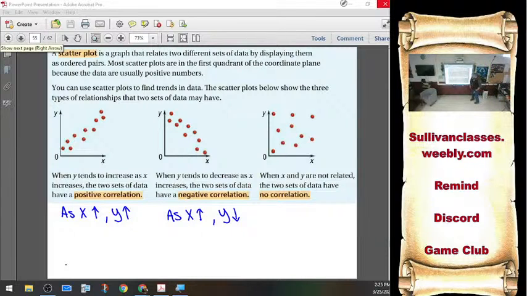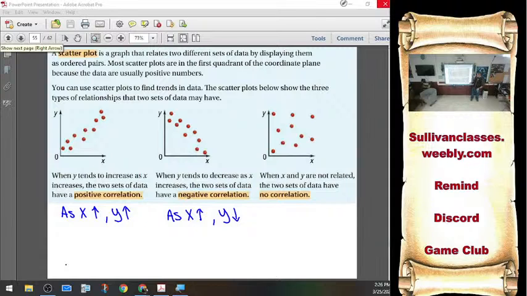So, no correlation. That's when I can't tell what's happening. It literally looks like buckshot. It's just a bunch of dots. There is no relationship here at all. As x's get bigger, I don't know. You can't even say anything. There is no relationship at all between x and y.